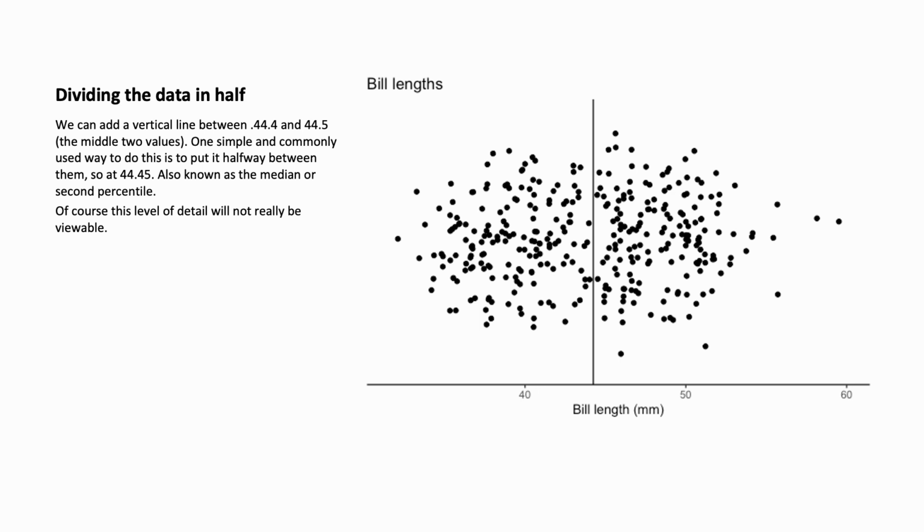Of course, we can't really see the level of detail represented by 44.45 here, because that would require a really big graph in order to show those exact spacings. But the dot plot does try to more or less organize it so we can still see the points.